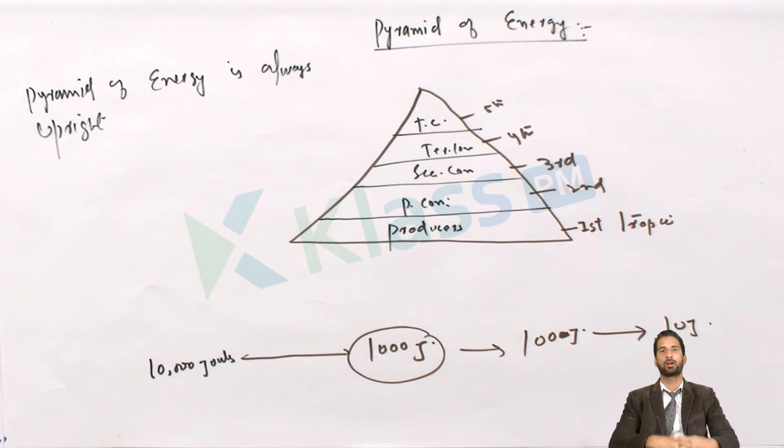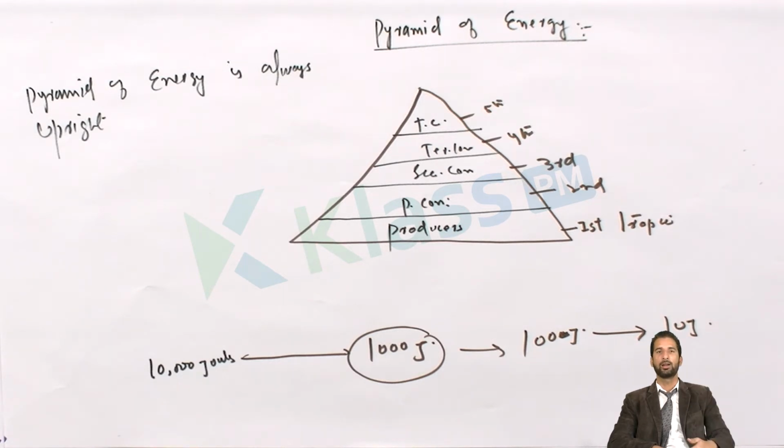As you know, the autotrophs are also called producers. It means that they are those living organisms which are able to synthesize their own food, and they synthesize their food with the help of photosynthesis. And what is photosynthesis? I have already explained it. Photosynthesis is the process by which light energy is trapped from sunlight by the green plants, and this light energy is converted into chemical energy, in the form of either ATP or GTP or other reducing agents such as NADPH.